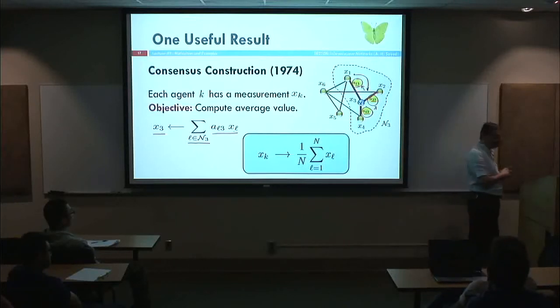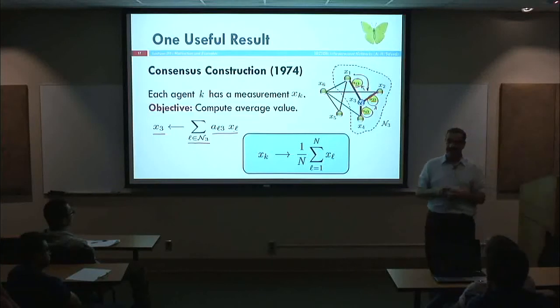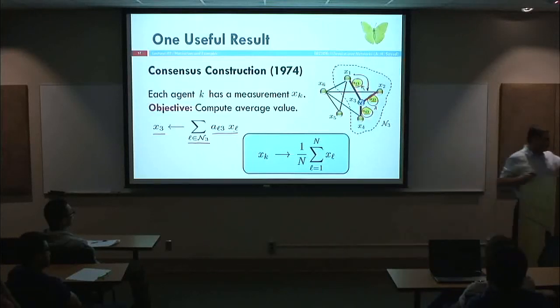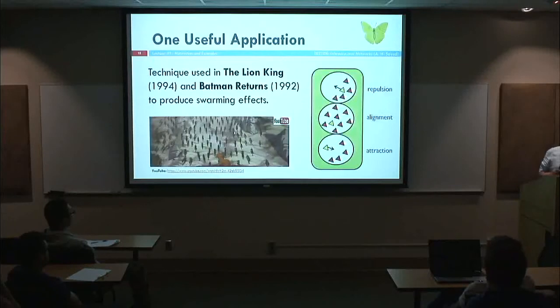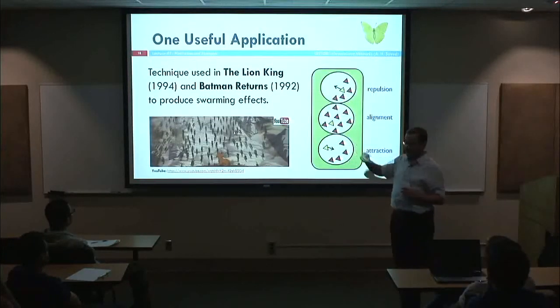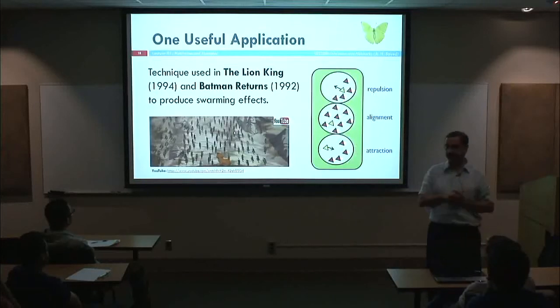You understand it? Of course, an algorithm like this got the attention of physicists, biologists, and even the entertainment industry, and they used it to model flocking behavior, swarming behavior, animal group behavior, and you see some instances of it even in movies. For example, in the movie The Lion King, this image here is using this algorithm, right?